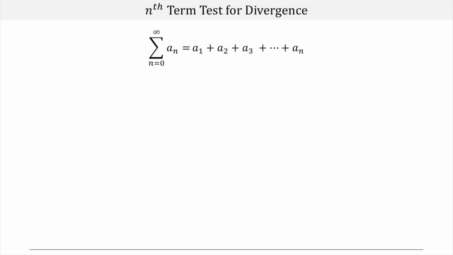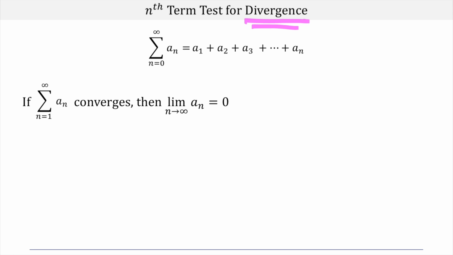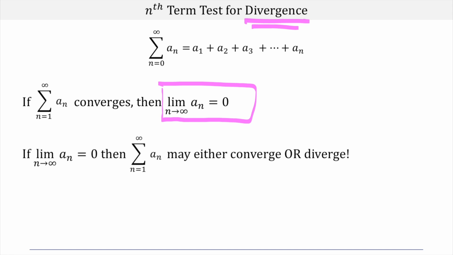The next test we're going to look at is called the nth term test for divergence. If an infinite series converges, then it must be the case that the terms are all heading towards 0. Now, if you have a sequence and all the terms are heading towards 0, you don't necessarily know that the series converges.